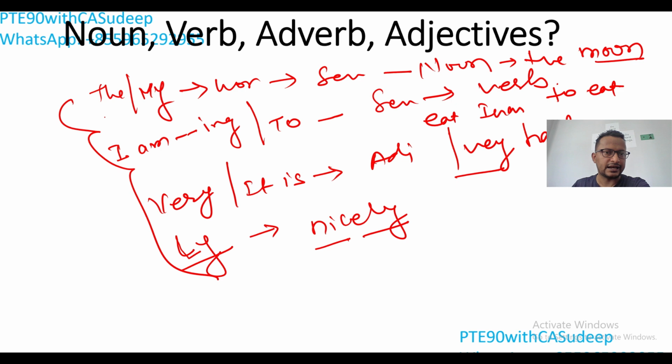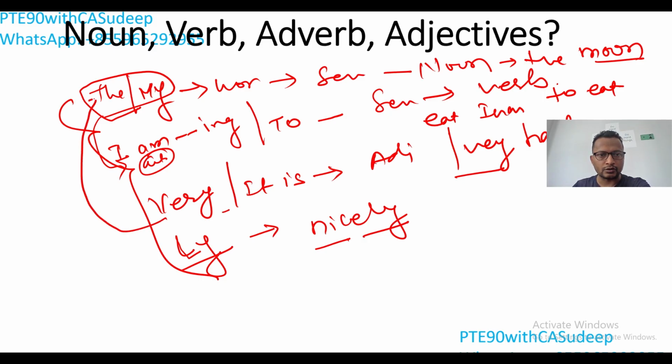Quickly, let's see what their applications are. A noun describes a person, place, or thing, right? A verb describes the state of being of the noun, like what action the noun is doing. What is the application of an adjective? It describes the quality of the noun, whether the noun is good, bad, handsome, ugly.